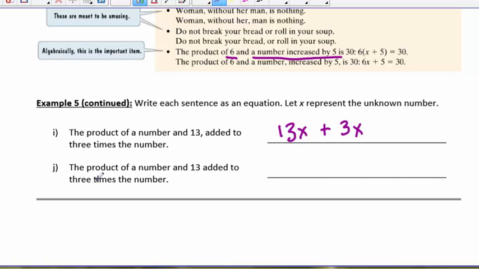Okay? The product of a number and 13 added to 3 times the number. That's the product of a number and 13 added to 3 times the number. Big difference in the two expressions right here, again based on whether or not there was a comma.